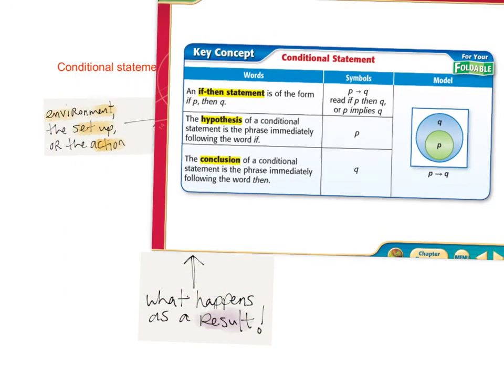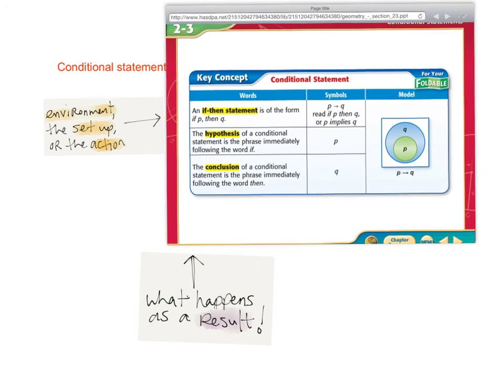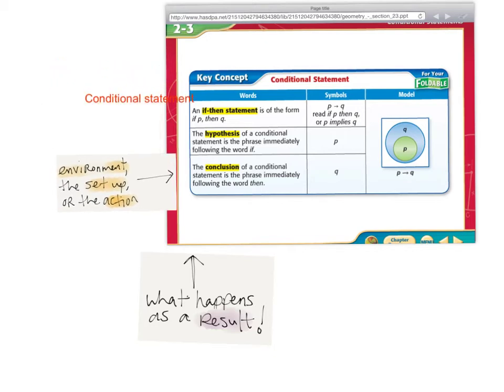Okay, now let's add a couple things in here. The first thing I want you to notice is that sometimes in an if-then statement, they don't write an if-then in there. So first write that an if-then statement is also known as a conditional statement.